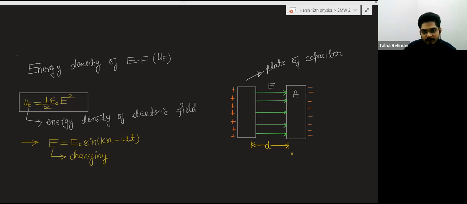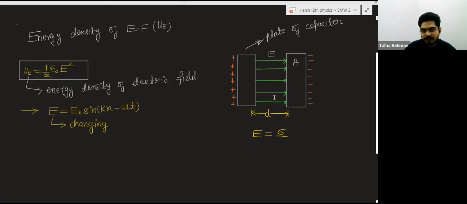Why variable? Because the electric field in between the plates of the capacitor is given by sigma by epsilon naught, where sigma is the surface charge density on the plates. This is the formula.